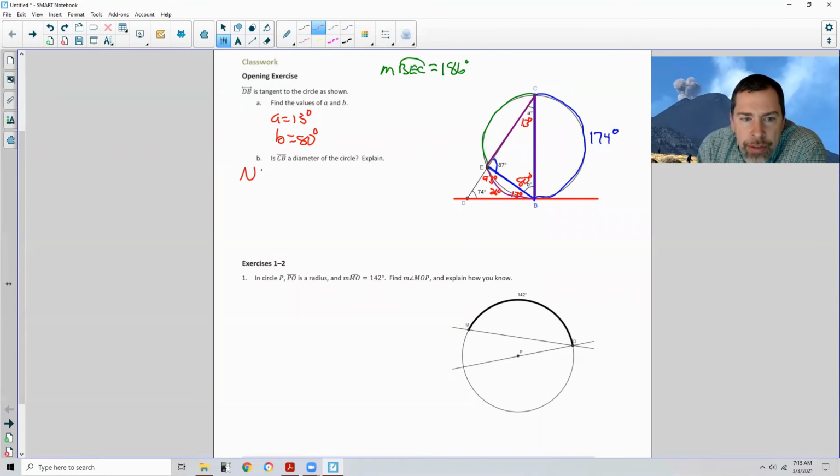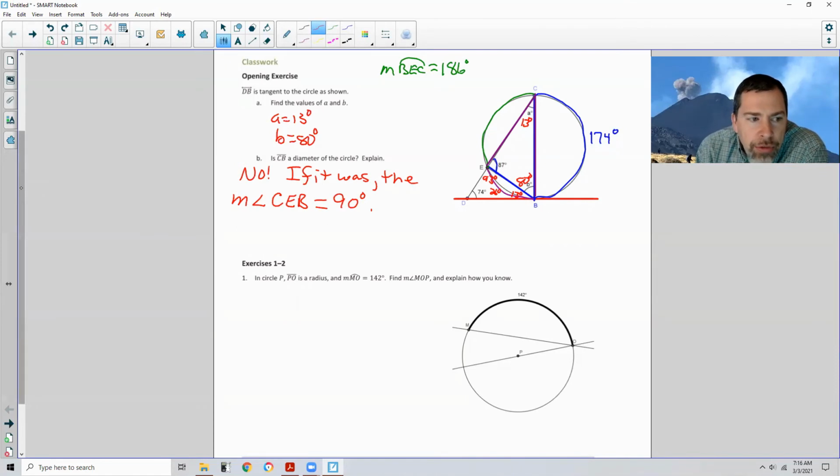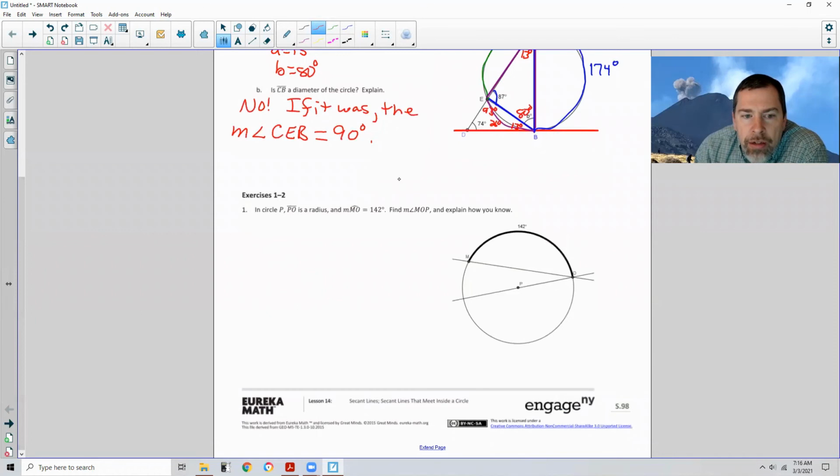And the answer is no. If it was, then the measure of angle CEB, which is an inscribed angle, would have been half of 180 or 90 degrees. It is not, so therefore it is not. Okay, so be careful, do not assume diameters.